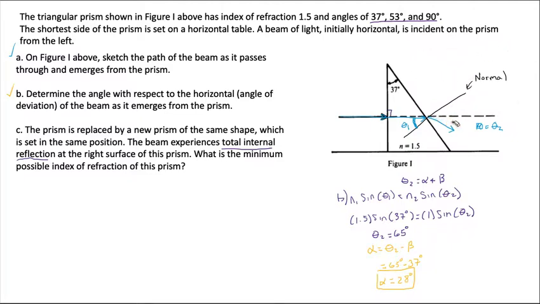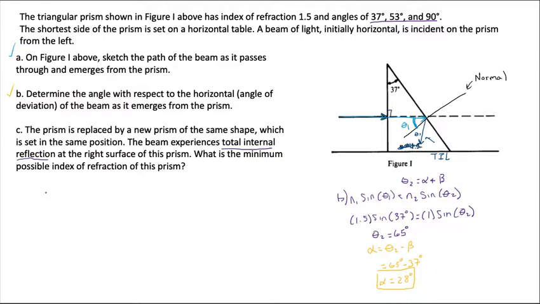Okay, we'll leave the normal. So if it comes in at theta 1, now this is different. If it comes in at theta 1, it's going to go out at theta 1. Total internal reflection, TIR. And we want to know what is the minimum possible index of refraction.